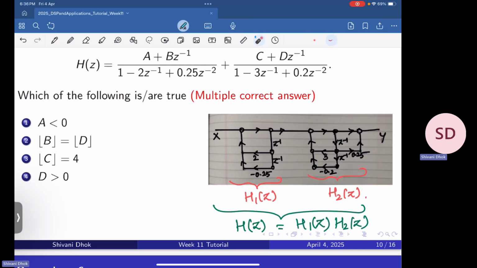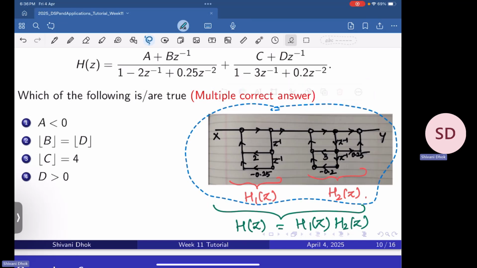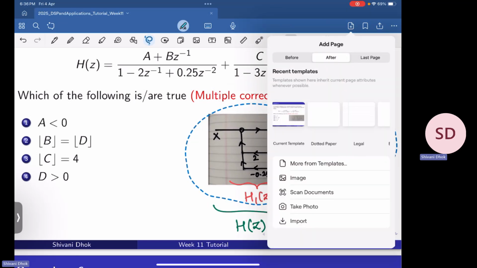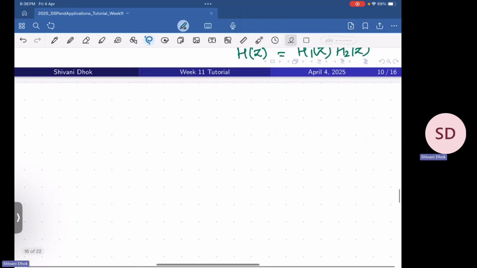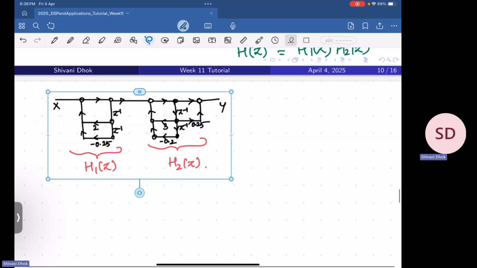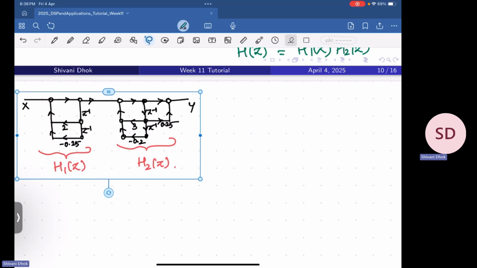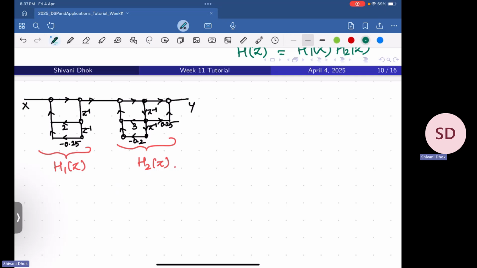Let me copy paste this part to the next page. So this is the system that we are having. Now let us first find out what is h1 of z.